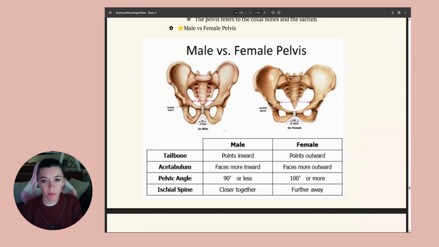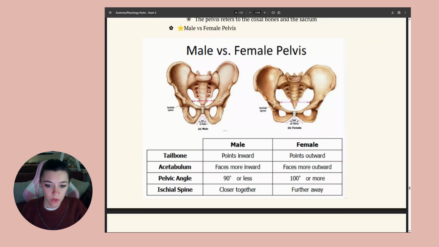All right, how to tell apart the male and female pelvis. So the pelvic angle is 1. Female pelvises have a much wider angle, 100 degrees or more, while males have 90 degrees or less. The ischial spine in males is closer, while it's further away in females. The acetabulum faces more inward in males, outward in females, and the tailbone in males points inwards and points outwards in females.